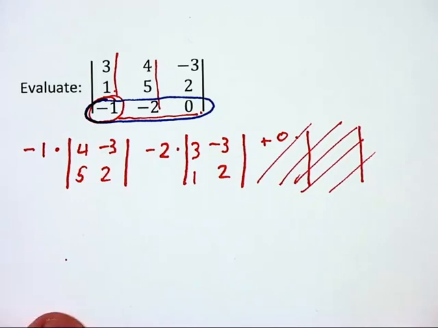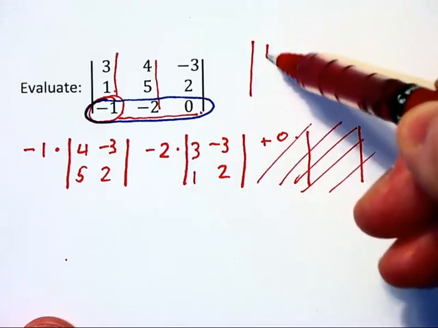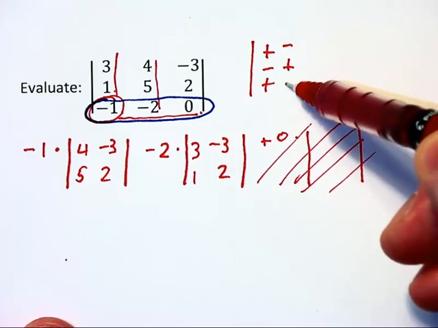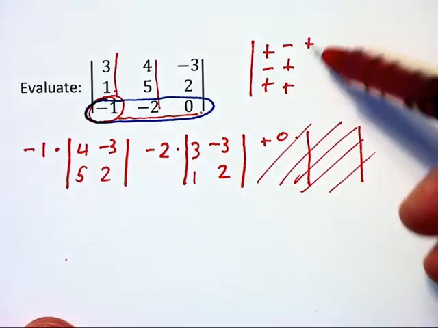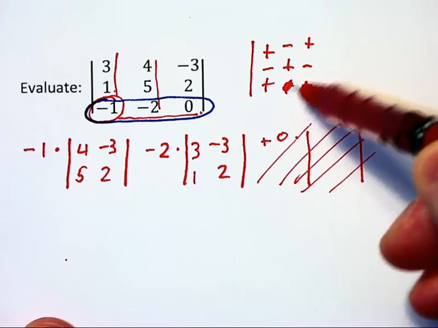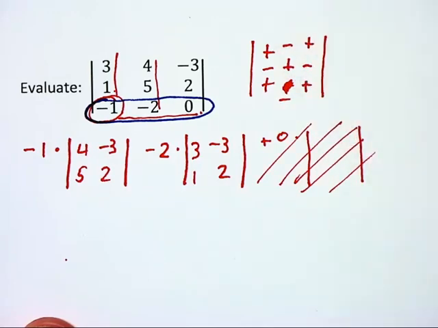Now, if that were it, it would be great, but there's one extra little trick we need to throw in here. We need to look at what's called a Sign Chart. Basically, I'm going to write a determinant out here on the side and alternate signs within it. This should be a minus down in the bottom center, with a +1 in the top left corner.